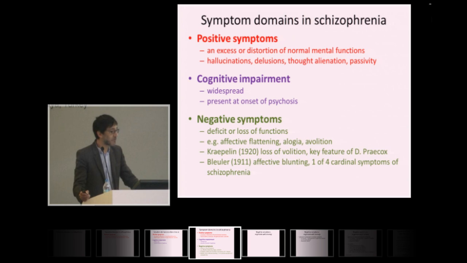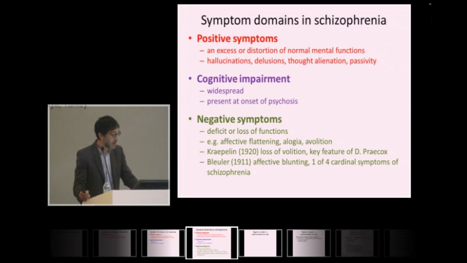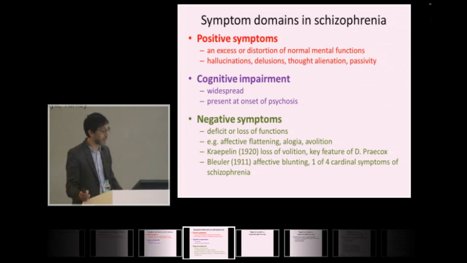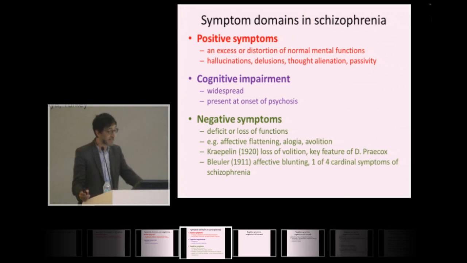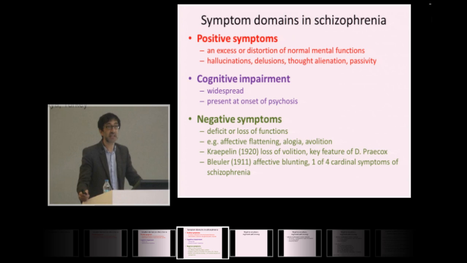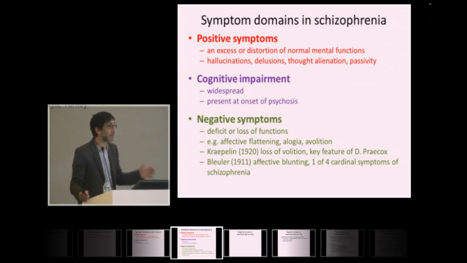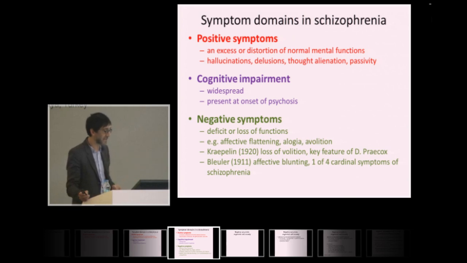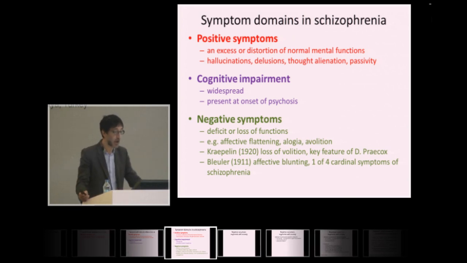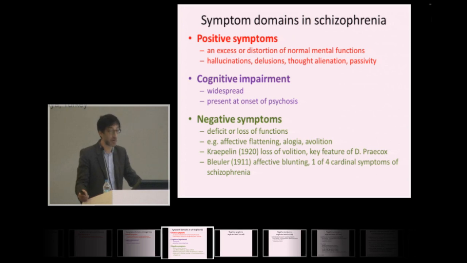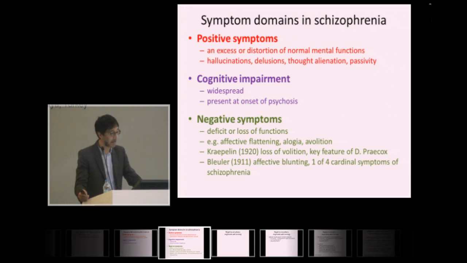These symptoms have been recognized for a long time. Professor Xu showed a nice photo of Kraepelin, who emphasized that loss of volition was a key feature of dementia praecox. And Bleuler talked about 4 A's, 4 key symptoms of schizophrenia, and one of these cardinal symptoms was affective blunting.